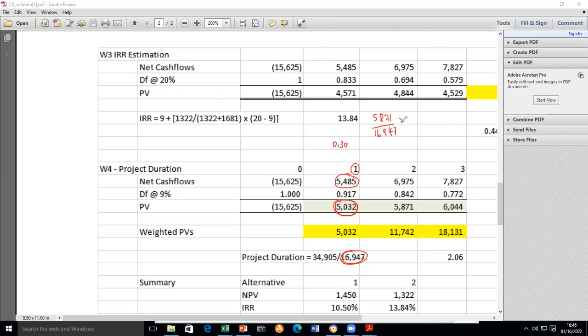We have 0.07. The last one, we've got 6044 over 16,947 multiplied by 3. What do you find?